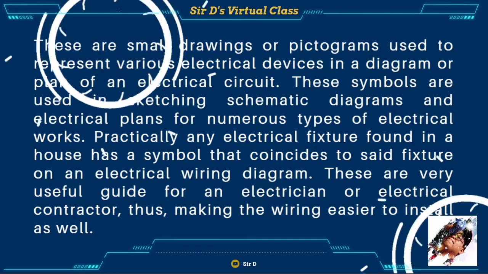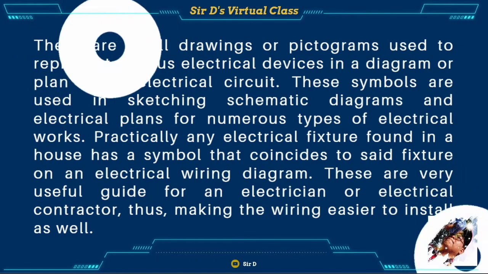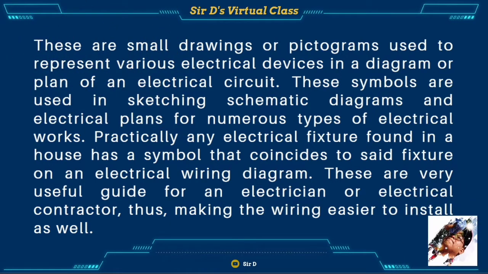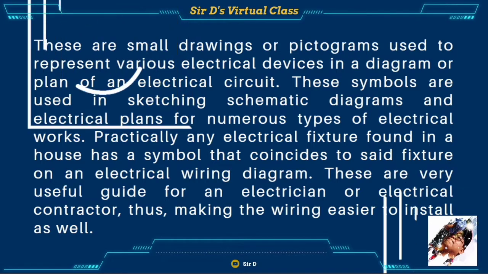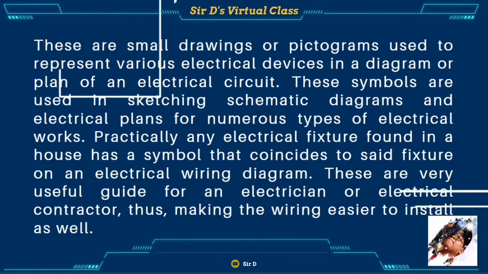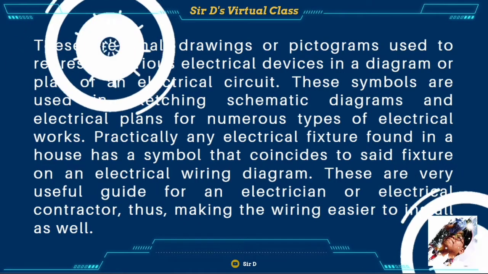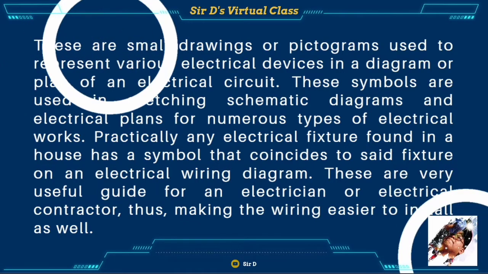Practically, any electrical fixture found in a house has an electrical symbol that coincides with said fixture on an electrical wiring diagram. These are a very useful guide for an electrician or electrical contractor, thus making the wiring easier to install as well.